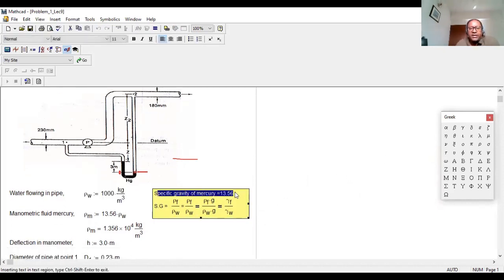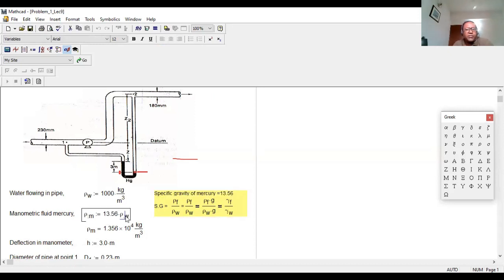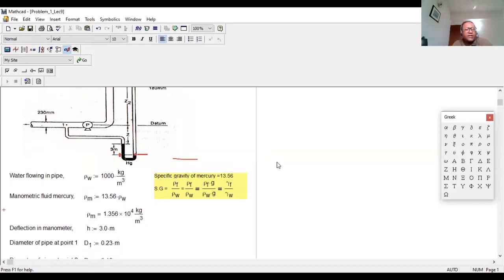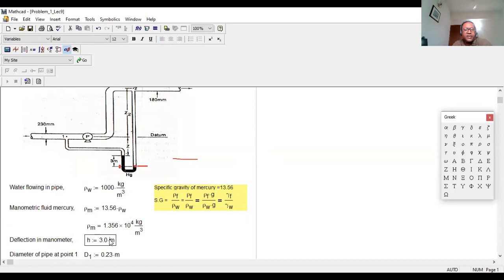That means it is 13.56 times heavier than the water. So rho m will be 13.56 into rho w. That means density of water. So rho m equal to this mass we're getting. Then deflection in the manometer 3 meter is given already.